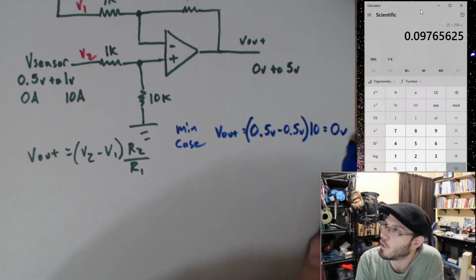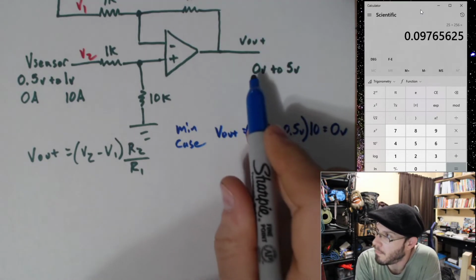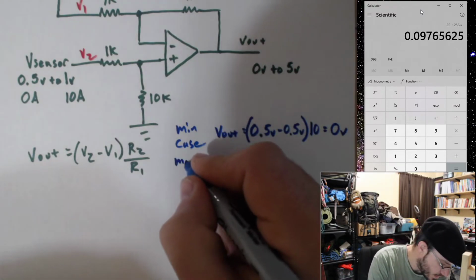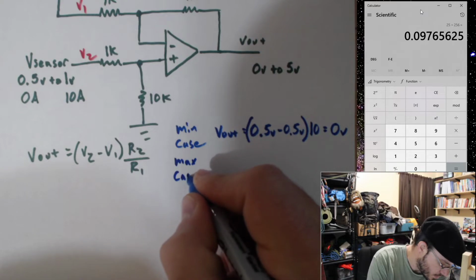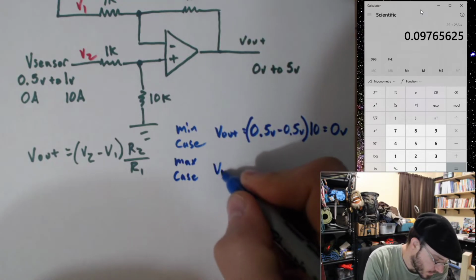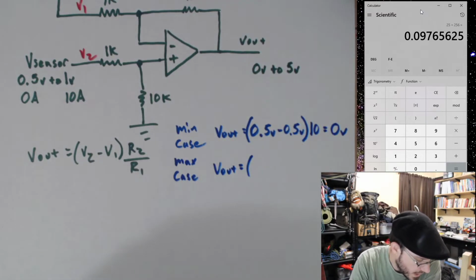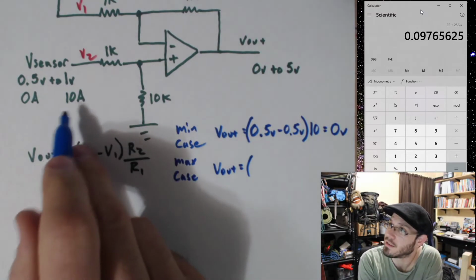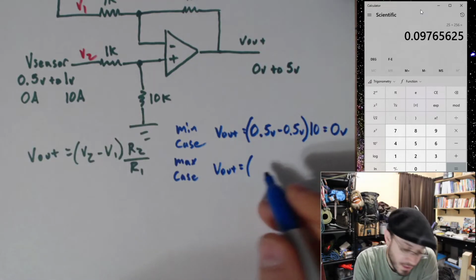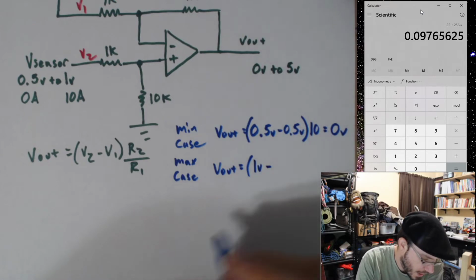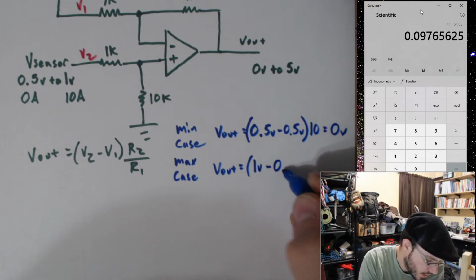And so we get 0 volts out, which is our minimum value that we wanted. And now the max case: V out is equal to, well, V2 is 1 volt now, because that's our max case of 10 amps into the sensor, minus a fixed 0.5 volts, times 10.